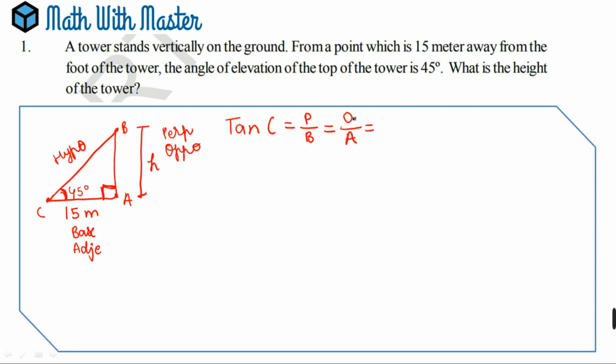Both are the same, which is here for angle C equal to AB upon AC, which is equal to, what is the length of AB? We can also say it as H. So we will write it as H upon what is AC? It is 15 meters. So tan C here is H upon 15.